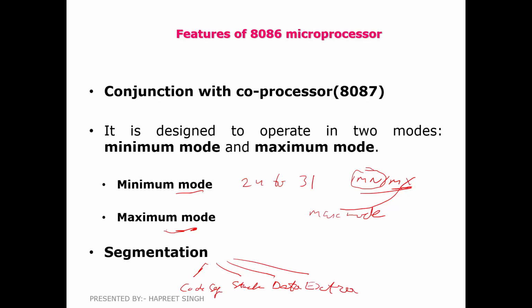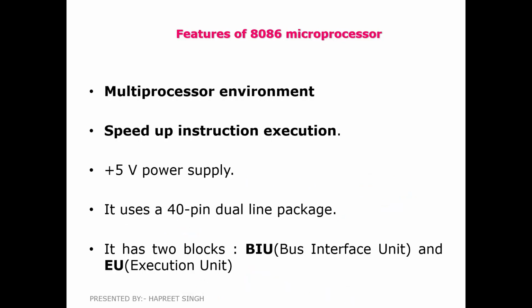That we will discuss in detail in the block diagram. Coming to the next feature, that is the multiprocessor environment. The 8086 works in a multiprocessor environment, so control signals for memory and IO are generated by an external bus controller.